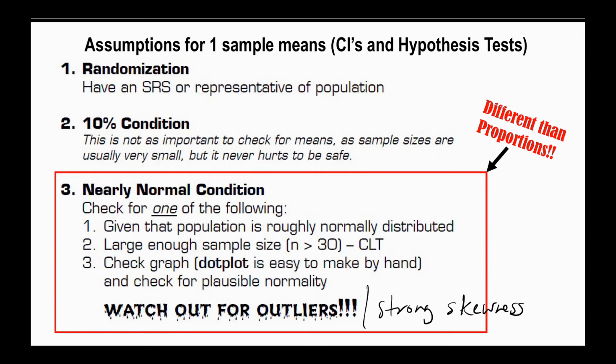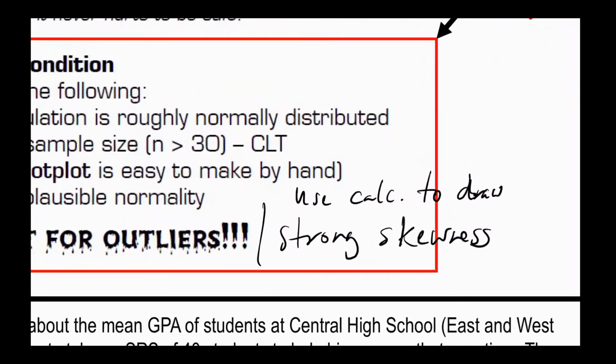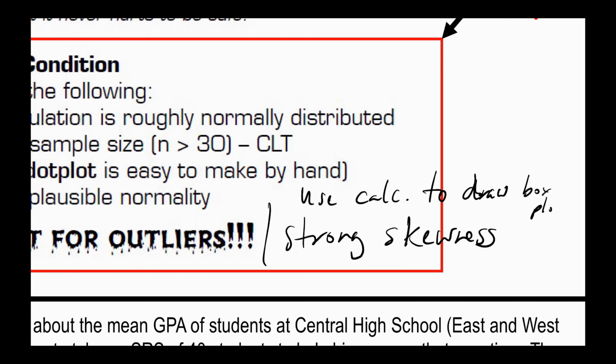Do we have to show the graph? Just draw a quick sketch of the graph. That's what we use the calculator for. It says use a dot plot, but if there's a lot of data, say 25 points, I don't want to draw 25 points of data. So what I'll usually do is use the calculator to draw a box plot, because the calculator draws box plots really easily.